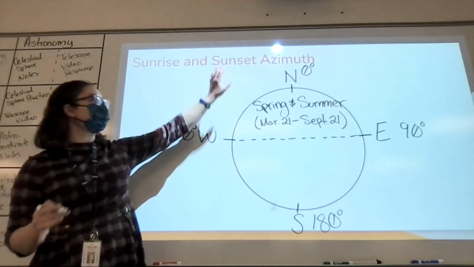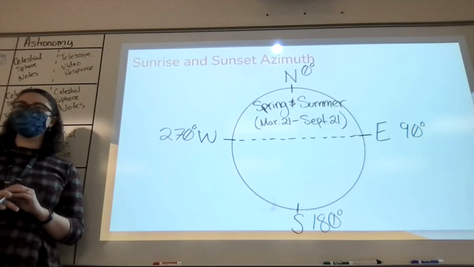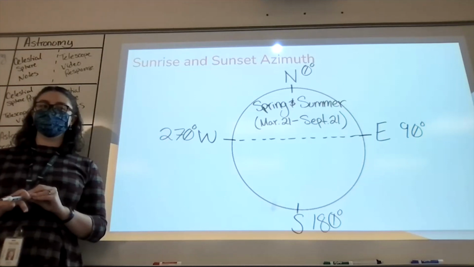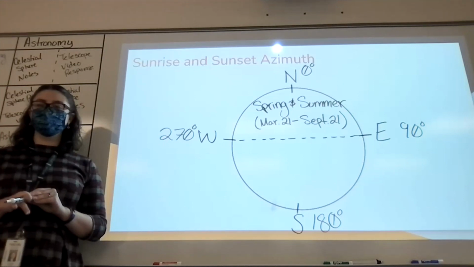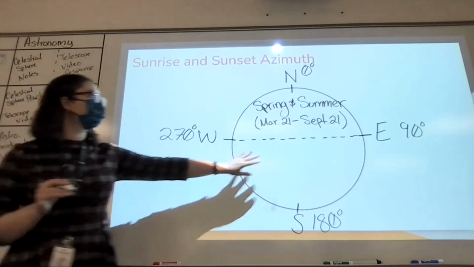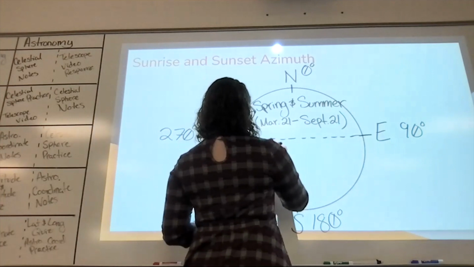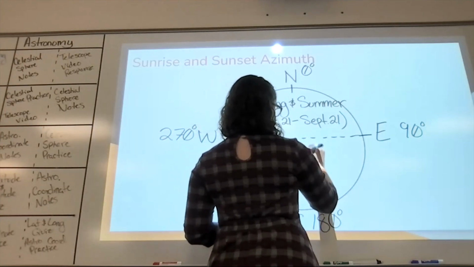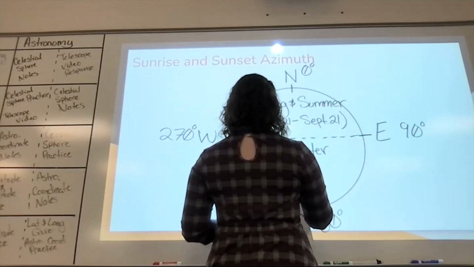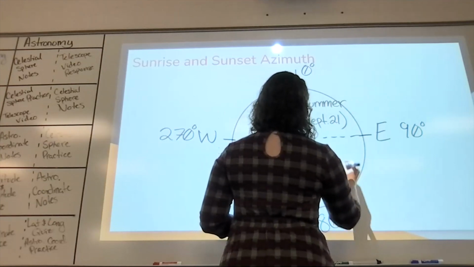So that's why I drew that on the top towards north. We're going to put fall and winter on the bottom, roughly September 21st through March 21st.